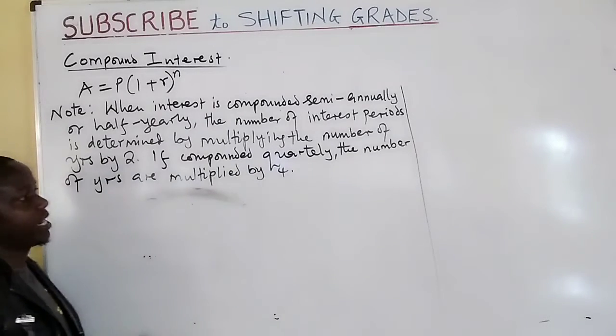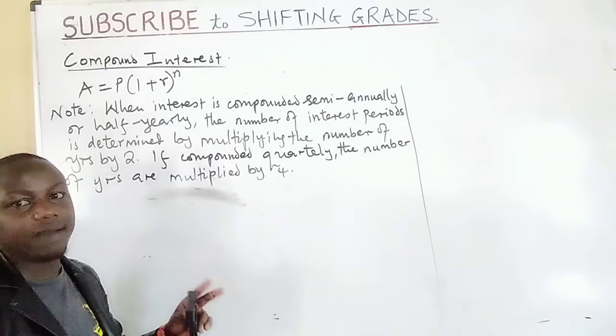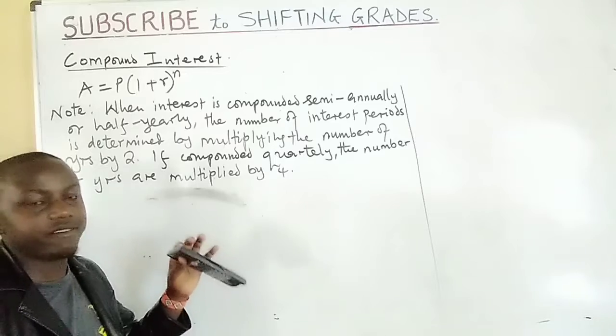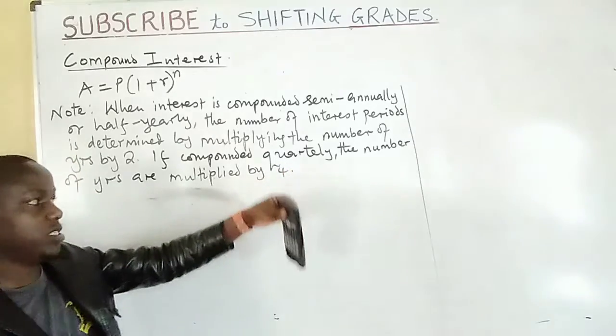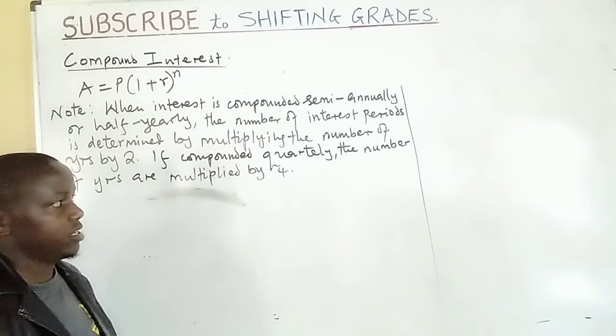So if compound interest is done quarterly, then each year will have 4 seasons for compound interest. Meaning if there are 3 years and compound interest is quarterly, then the seasons for compound interest will be 3 by 4 in each year, 12 seasons.